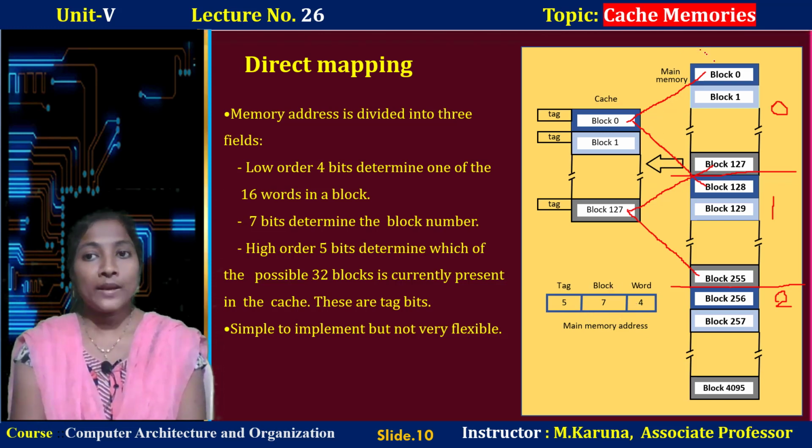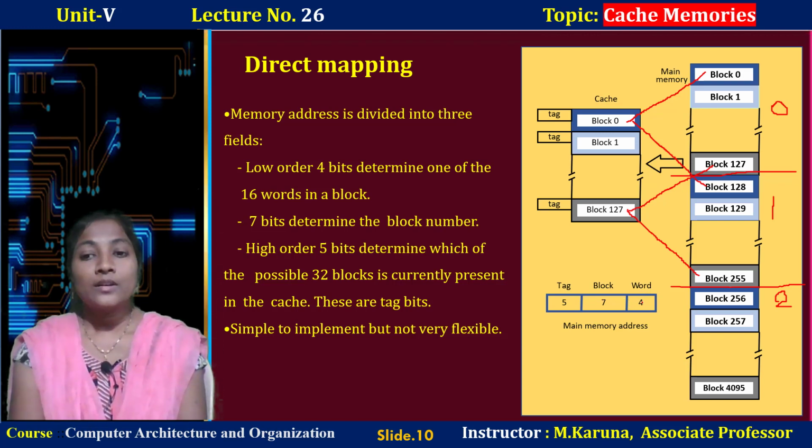Main memory contains 64K words, that means 2 power 16, so 16 address lines are required to access 64K words. See, 5 plus 7 plus 4, total address bits are 16. These 16 address bits are divided into 3 fields.